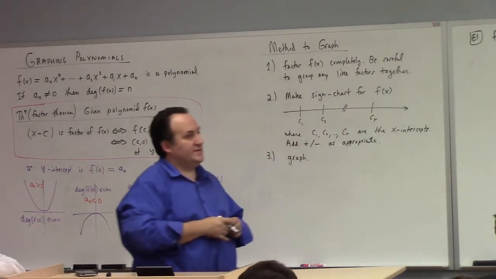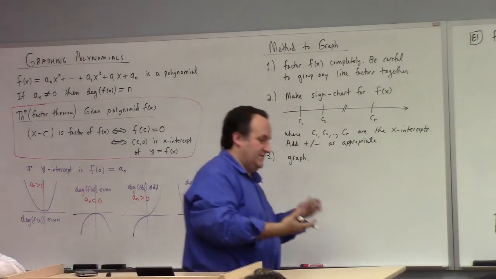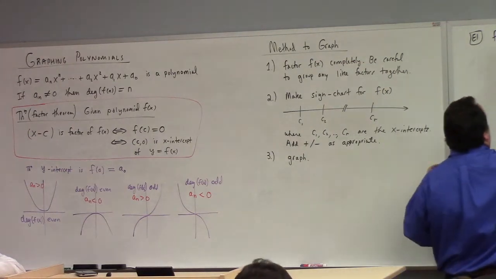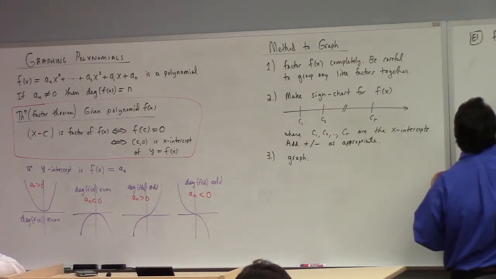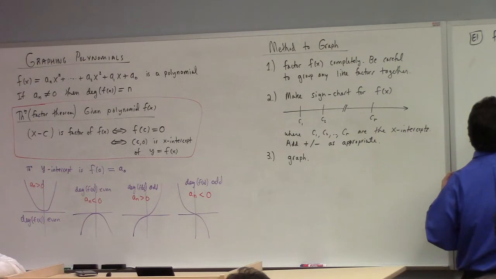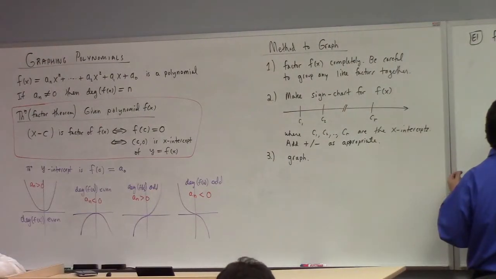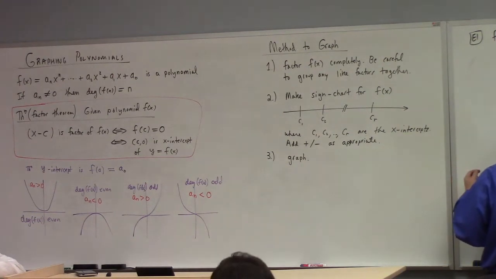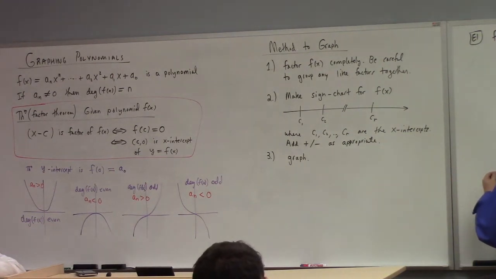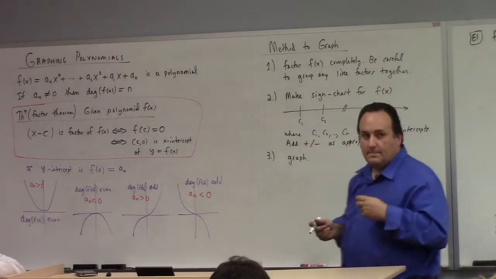So is this factored completely? No, it's not. We can factor. So x squared minus 1 factors to x plus 1 times x minus 1. X squared plus 2x plus 1 factors to x plus 1 quantity squared. And of course, we've got our x minus 6 quantity squared.